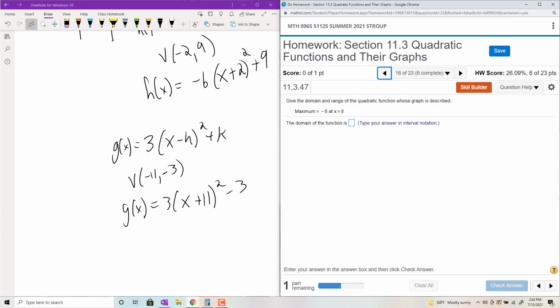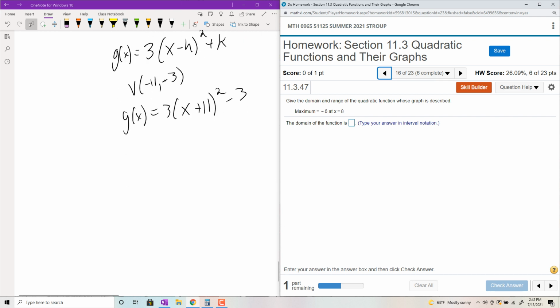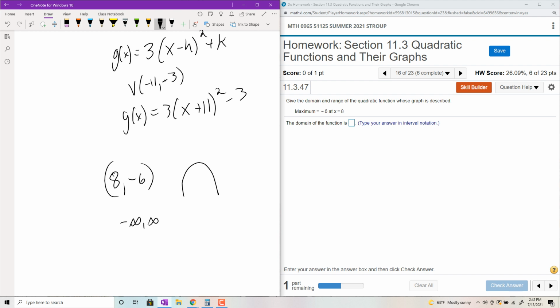Same thing. Give the domain and range. So based off the maximum is 8 comma negative 6, and it's a max, so it's like this. So the domain is always the same, negative infinity to infinity, and then the range will go from negative infinity all the way up to the y coordinate of the vertex.